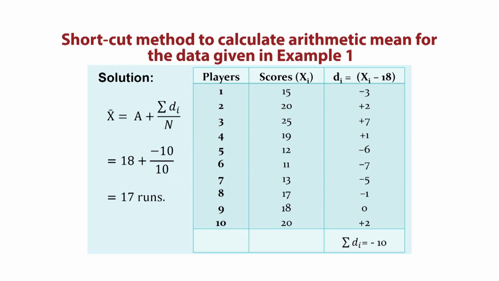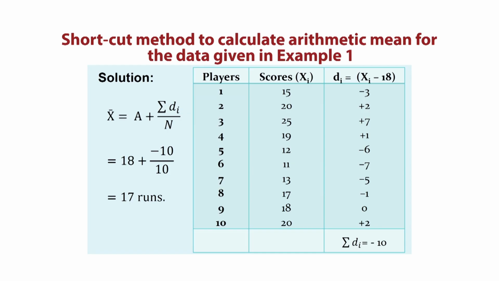Out of the scores we choose the constant A, the assumed mean, as 18, and in the third column, di, the deviation, we have calculated for each score from 18 and calculated the summation of di, which in our example is minus 10.